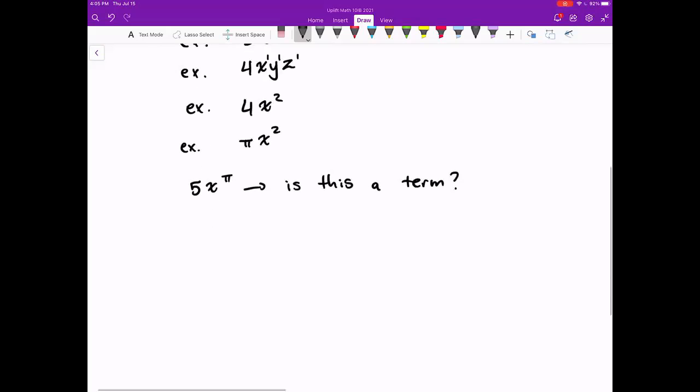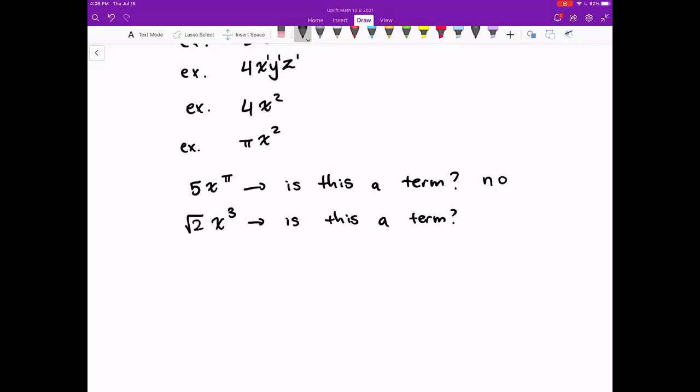What about the square root of 2 times x to the power of 3? Is that a term? Yeah, correct.